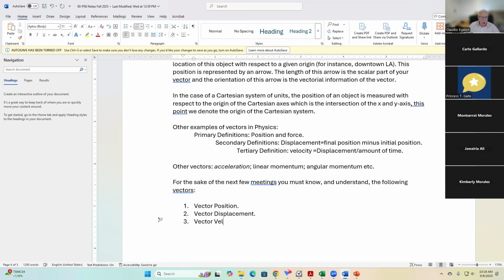Vector velocity and the vector acceleration.